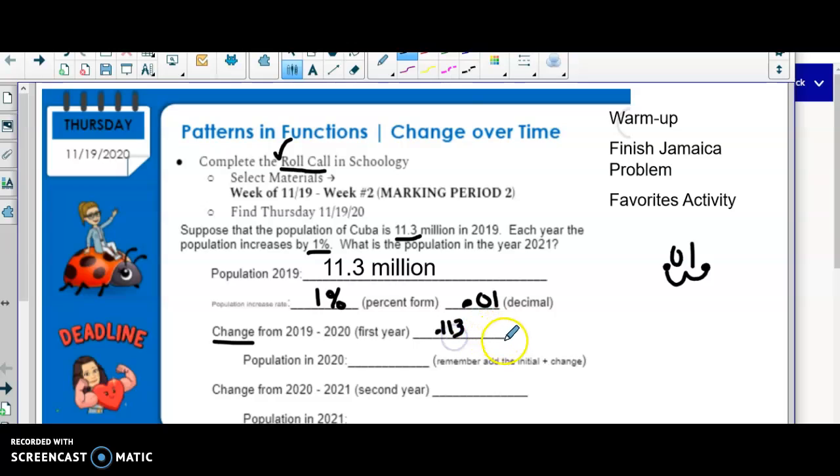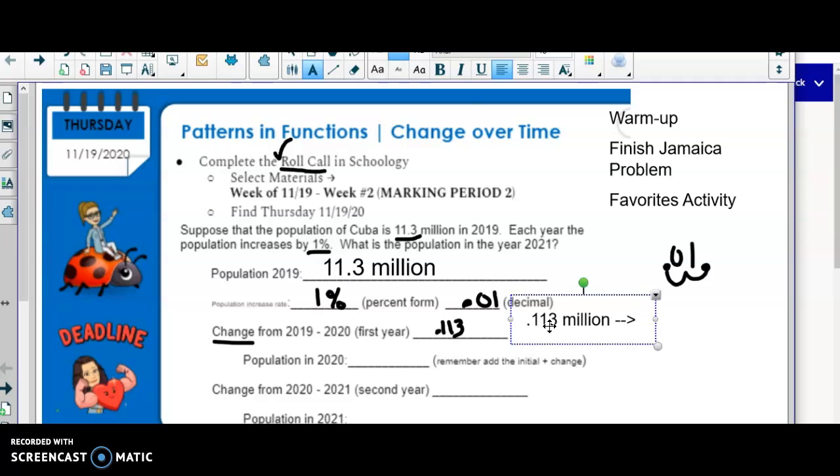Make sure you're pausing this and updating your whiteboard.chat. If you're doing this work asynchronously, you're going to have to turn in your whiteboard.chat so I can give you points for today. So 0.113 million is the same as 113,000 people.